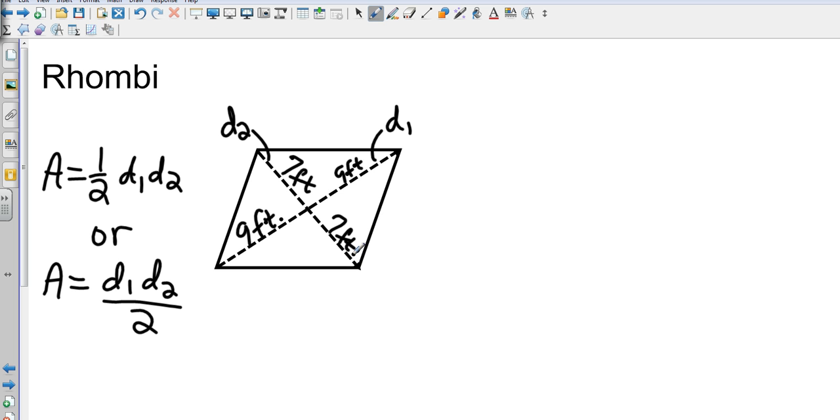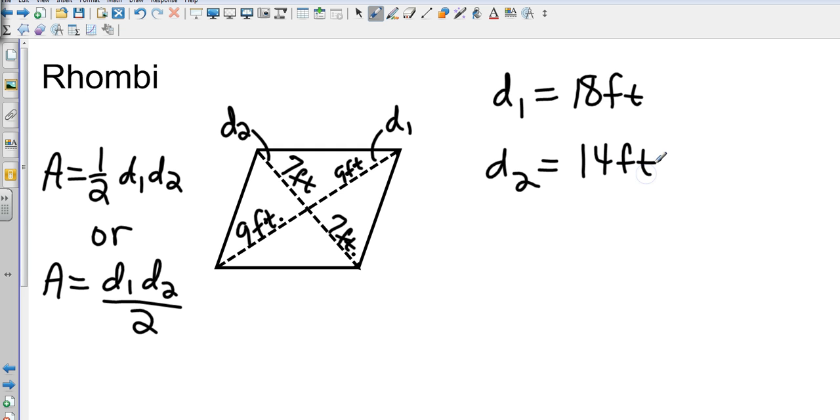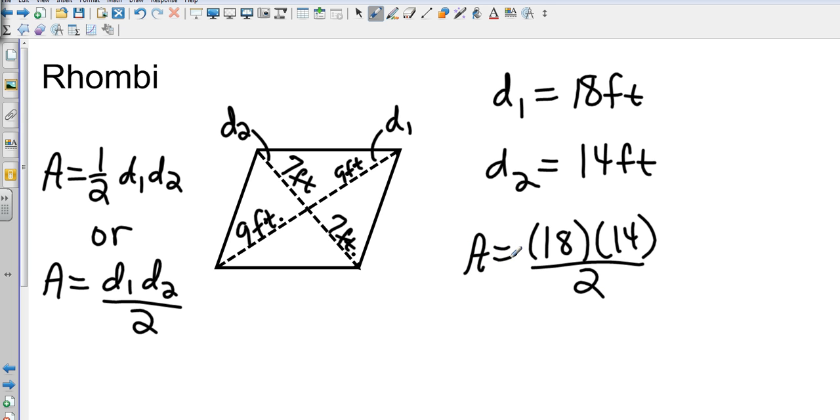So that makes diagonal 1 equal to 18 feet. That makes diagonal 2 equal to 14 feet. And so I'm going to take those and multiply them together and divide by 2. And that gives me 126, and this is feet, so it's going to be feet squared.